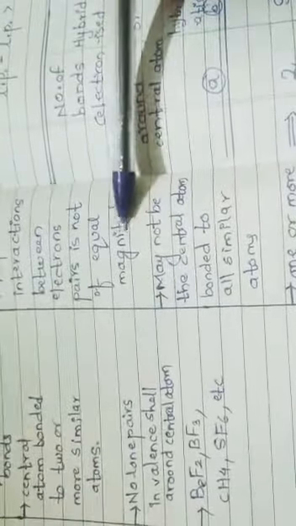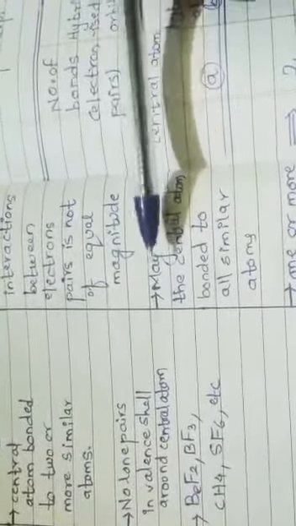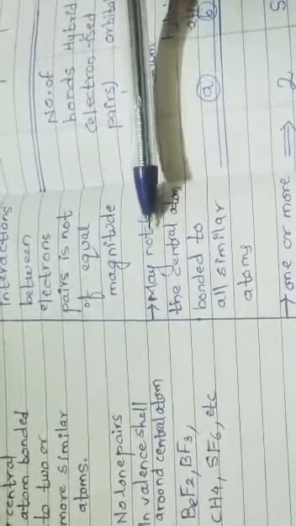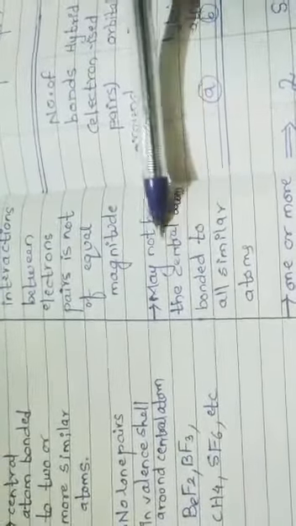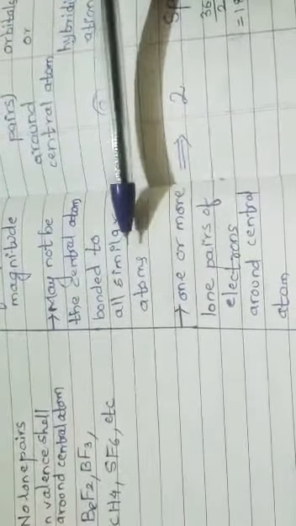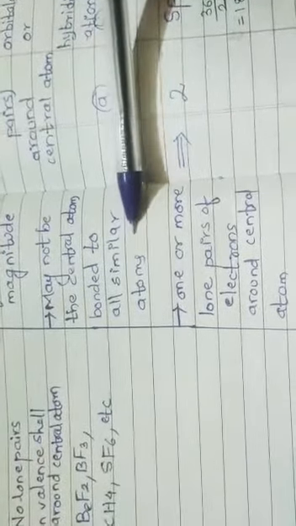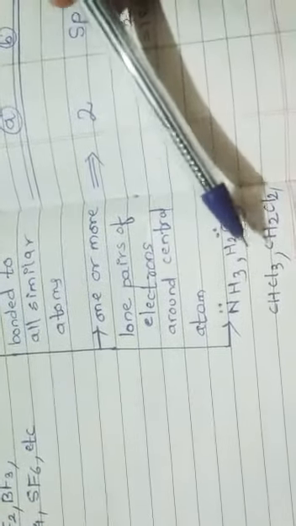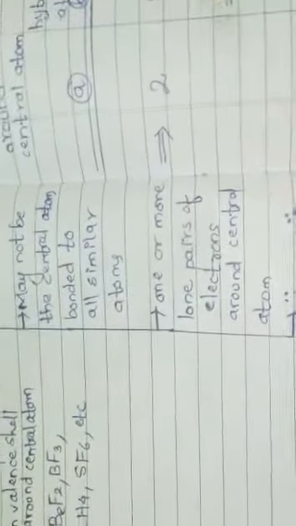This distortion is mainly because they may not have the central atom bonded to all similar atoms, which arises from a difference in electronegativity, and because one or more lone pairs of electrons are present around the central atom. Because of only these two reasons, there is a distortion in geometry.